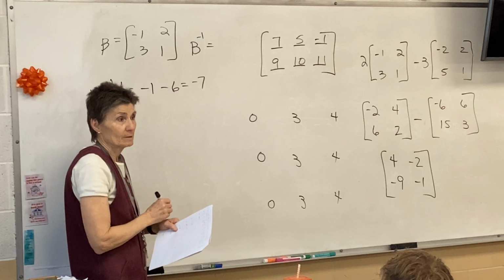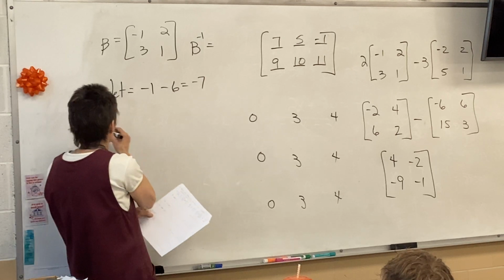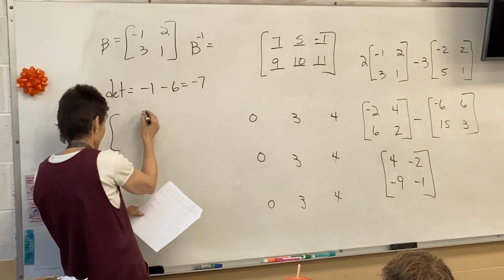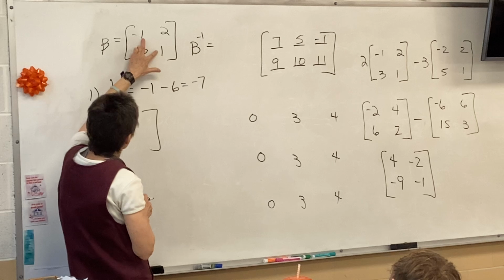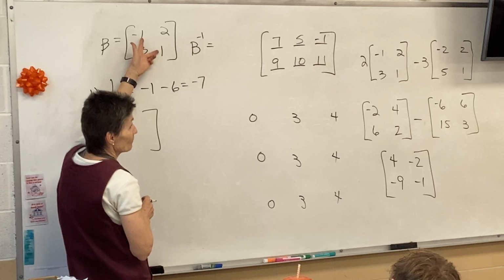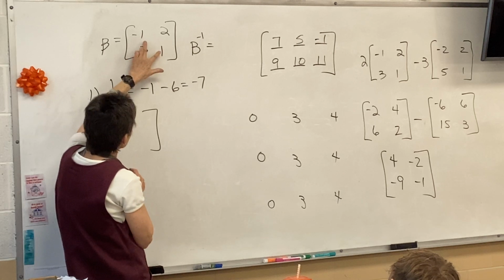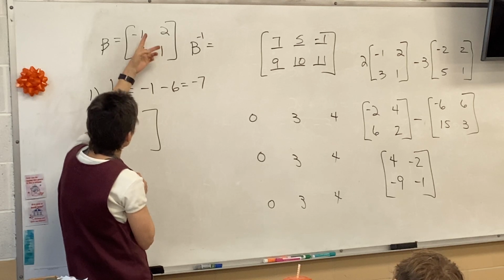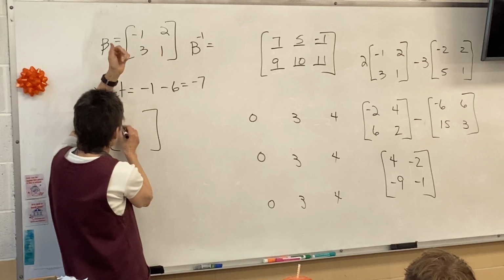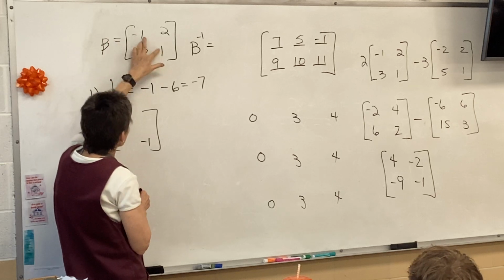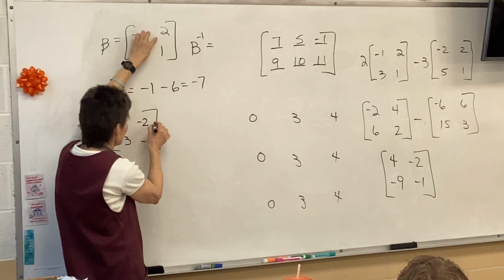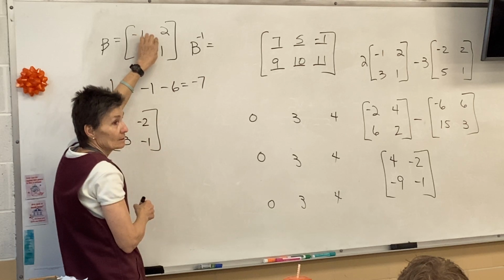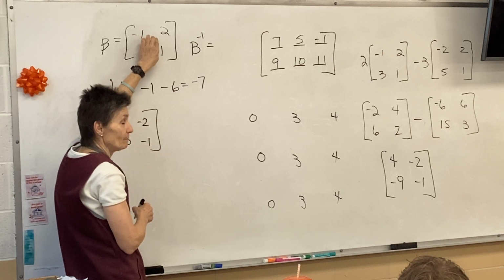Then what? New matrix. And that will be found by flipping these two. Now they happen to be the same number, one positive, one negative, but I'm actually flip-flopping these. So the 1 goes here and the -1 goes here. Changing the signs, this becomes negative and this becomes negative. Then what?